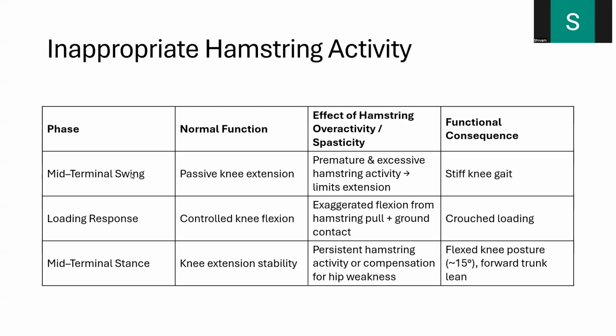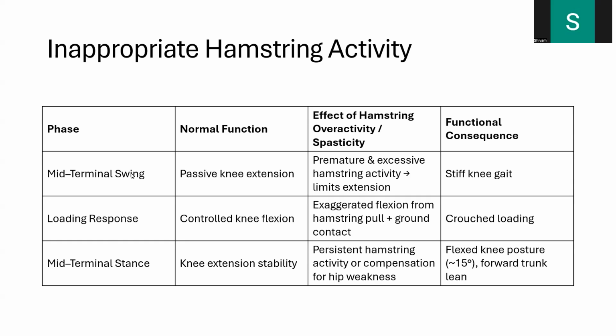With spasticity, this activation begins in other phases of the gait cycle as well, for example in mid swing, and in terminal swing inadequate knee extension is achieved. During mid swing, hip flexion momentum lengthens and stretches the hamstring, and this stretch triggers premature overactivity. This interrupts the normal passive knee extension that should be occurring.